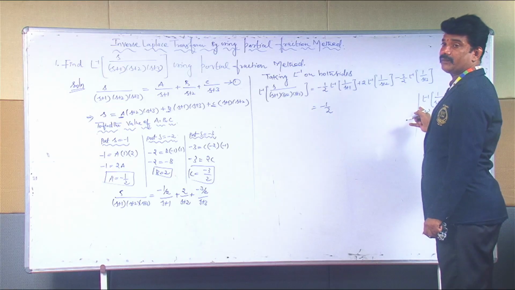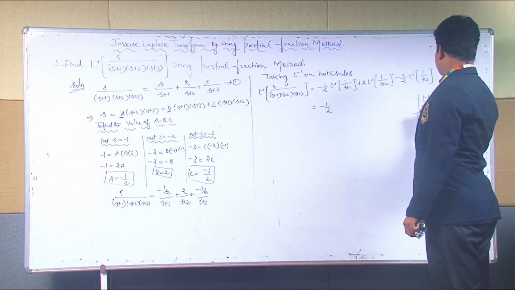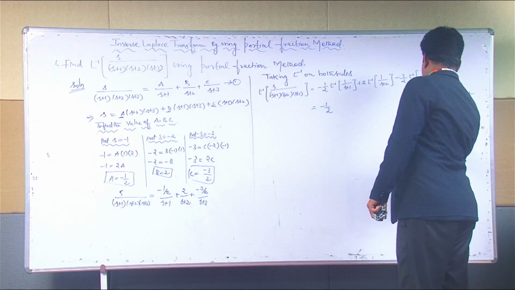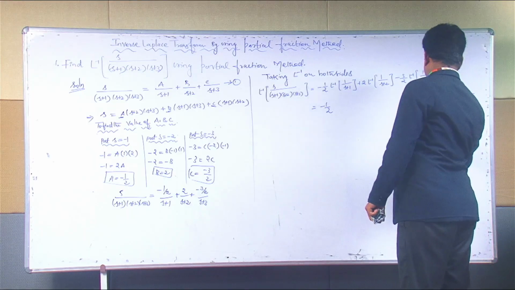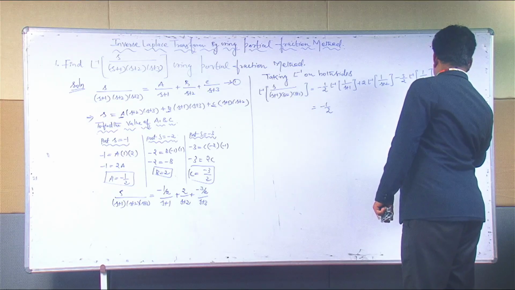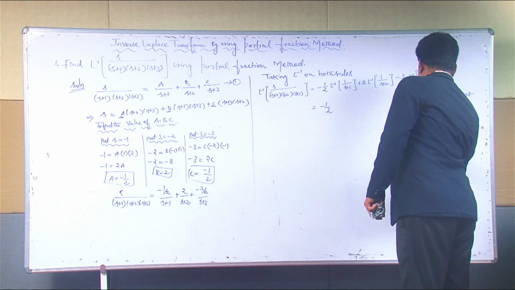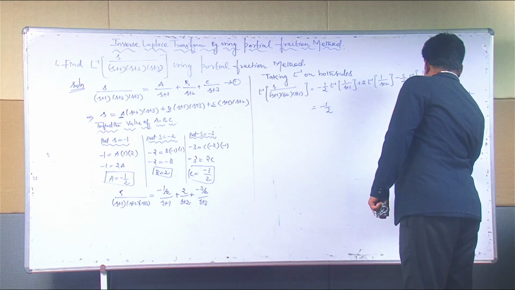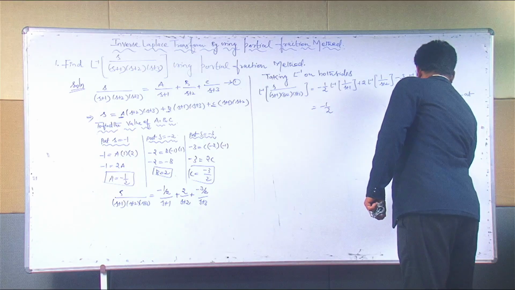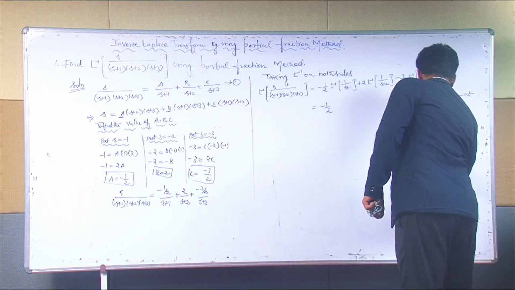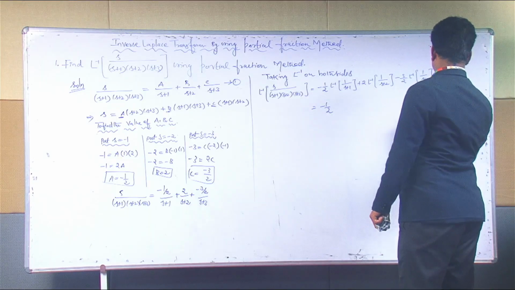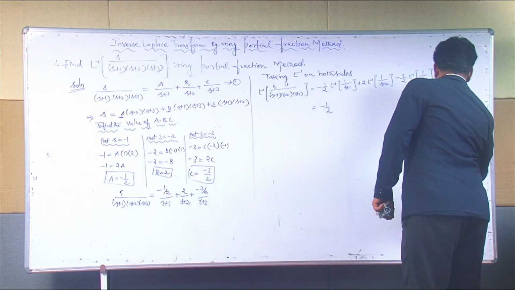By applying the inverse Laplace transform formula, instead of a, I am going to replace 1: L inverse of 1 divided by s plus 1 equals e power minus t. L inverse of 1 divided by s plus 2 equals e power minus 2t. And next, instead of a, I replace 3, so e power minus 3t.